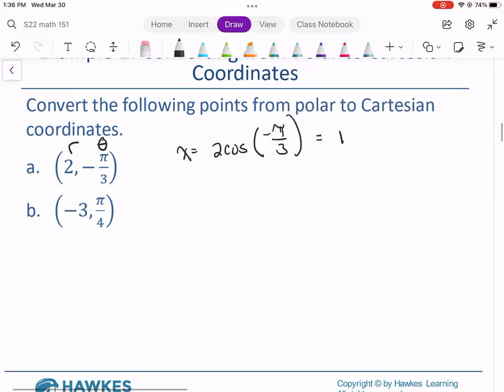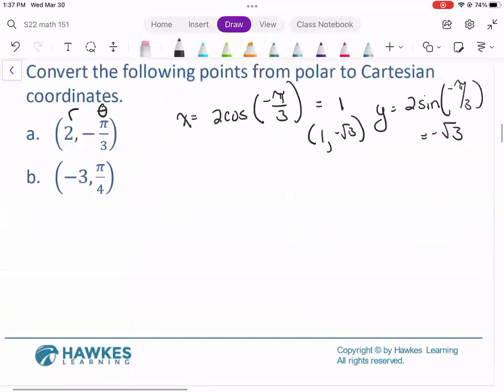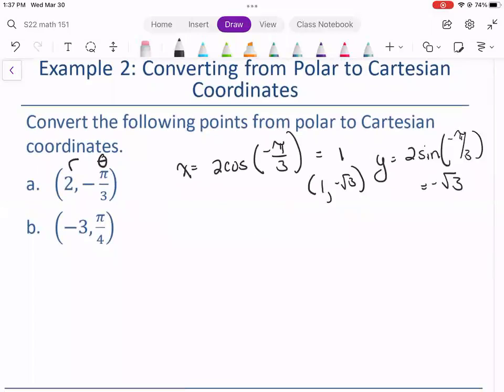When we calculate that, we get 1, and y is 2 times the sine of negative pi over 3, which gives us negative square root of 3. So our x, y values are 1 comma negative square root of 3. If we look at a graph of that, it puts us down here in the fourth quadrant. And to make sure that matches, a negative pi over 3 theta would go in that direction with a length of 2.